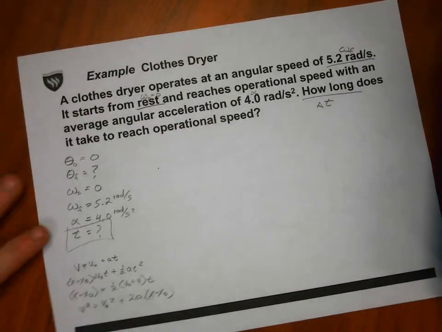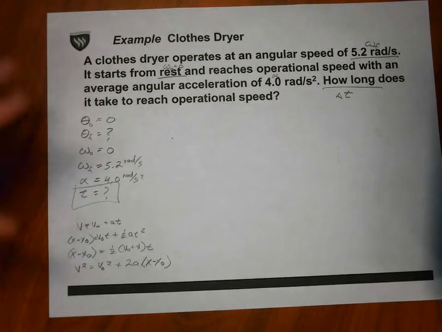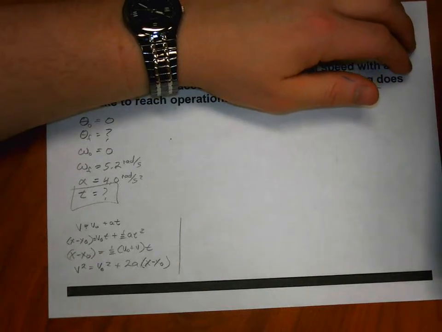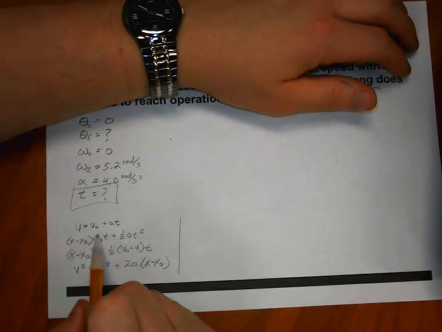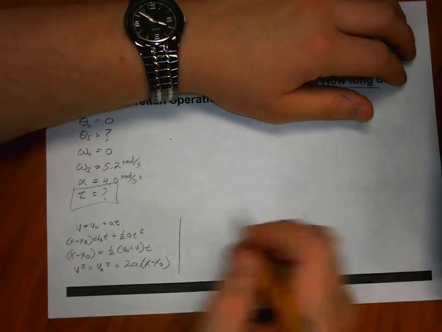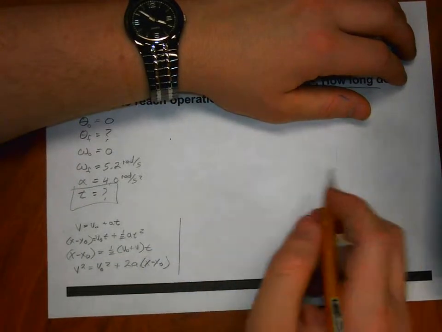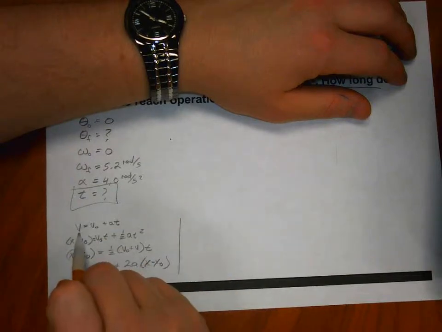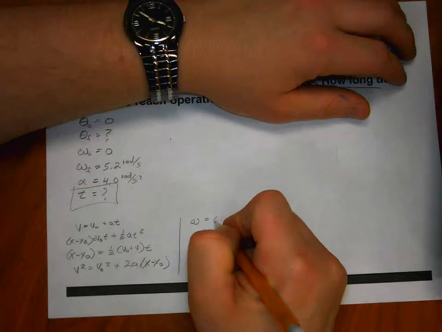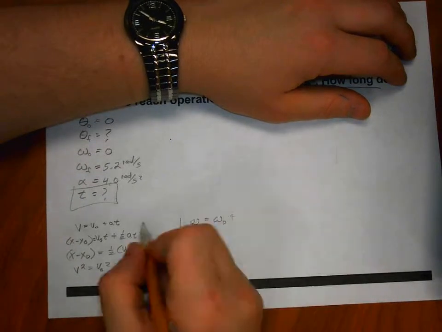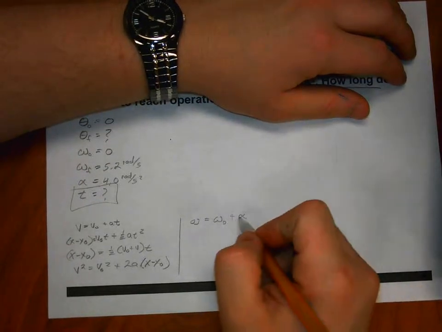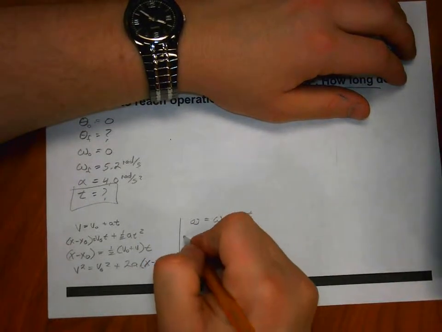So these are our kinematic equations for linear situations, but we're dealing with rotational kinematics. So I'm going to take these same equations and replace them with rotational variables. The analog of velocity is omega, angular velocity, equals original angular velocity plus the analog of acceleration, angular acceleration, that's alpha, times t, and time is the same.